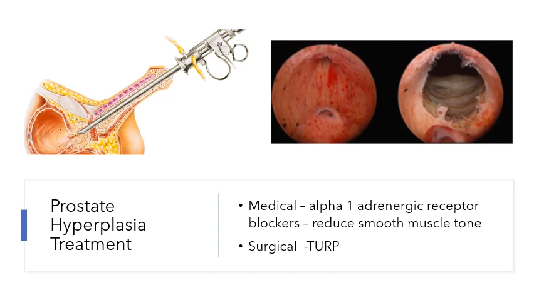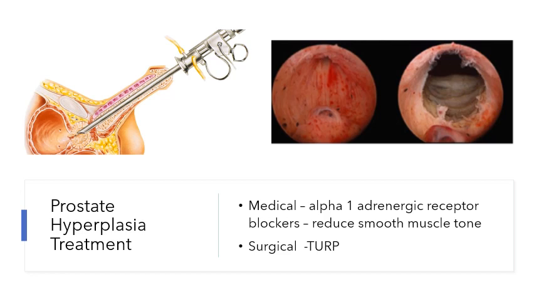However, in some individuals they require surgical treatment, and this usually involves a procedure called a transurethral resection of the prostate. One uses a modified cystoscope with a cutting loop on the end, and this is used to resect out that central and transitional zone of the prostate, leaving the peripheral zone in place.